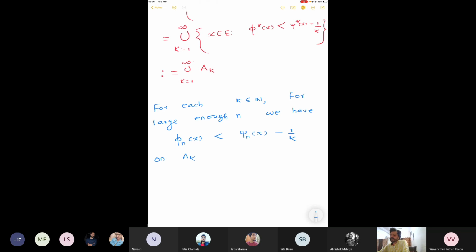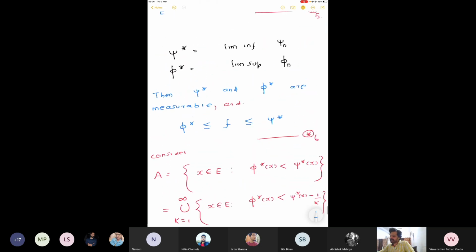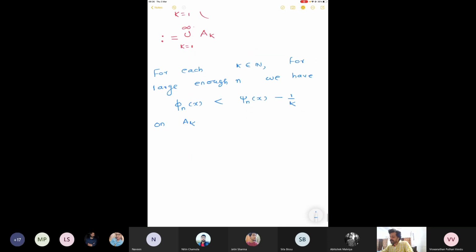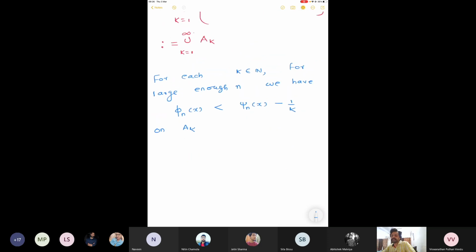What is A_k? A_k is the collection of all x in E such that phi star of x is less than psi star of x minus 1 by k. So on A_k, phi star of x is less than psi star of x minus 1 by k. But phi star is in terms of lim sup and psi star is in terms of lim inf. So for large enough n, apply the definition of lim inf and lim sup, and I can say that phi n of x is less than psi n of x minus 1 by k.